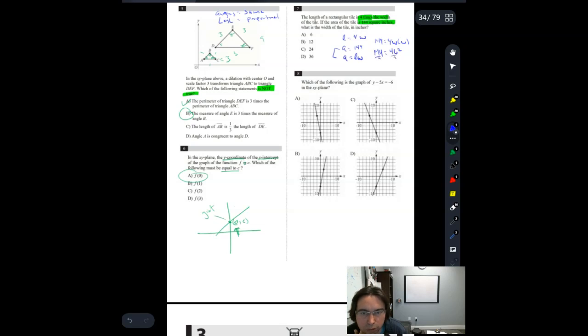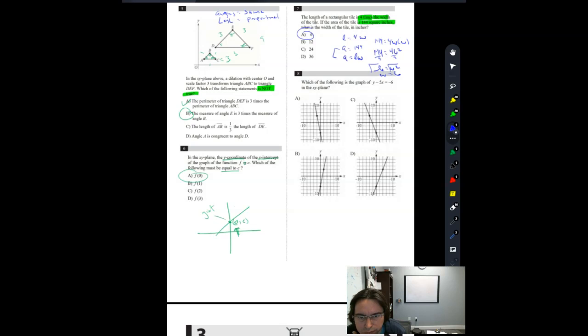Divide by 4, and that gives me 36. So 36 equals W squared, and we take the square root of those values, so the answer choice is 6. So W equals 6.